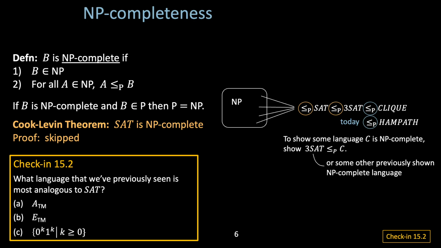Going back to recognizable languages, we saw that with ATM, we were doing mapping reductions down to ATM for recognizability, and we proved ATM was undecidable by using diagonalization. From then on, to show other languages were undecidable, we used ATM, and so that's where that analogy comes from.